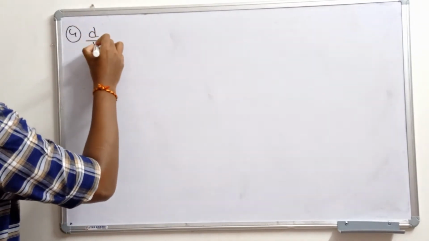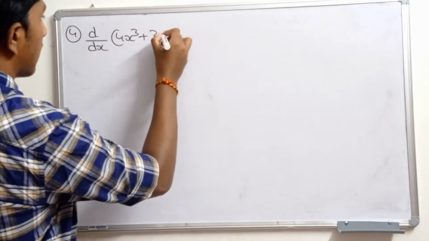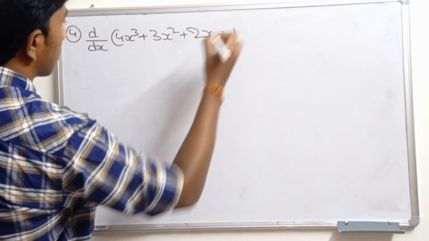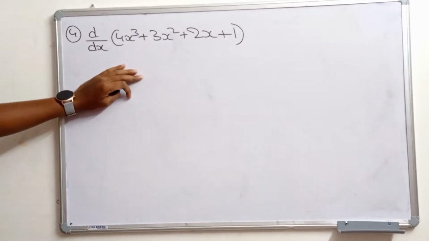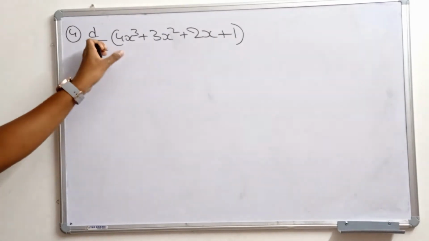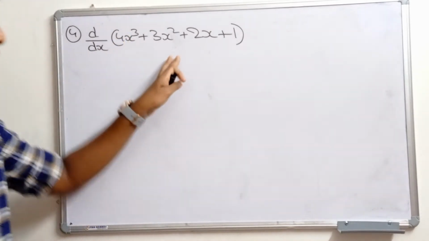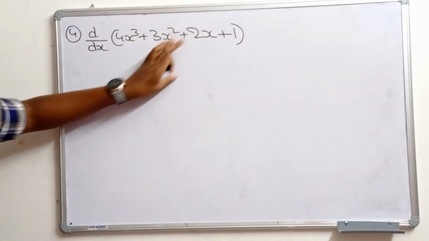d by dx of 4x cube plus 3x square plus 2x plus 1. We have to differentiate the complete term. In the first lecture I said that when it is in this form, you can split everything and differentiate individually.